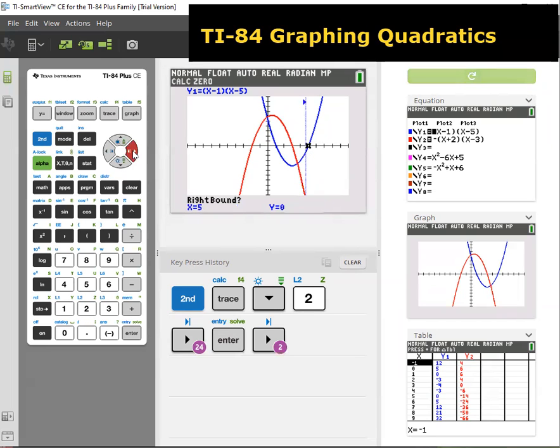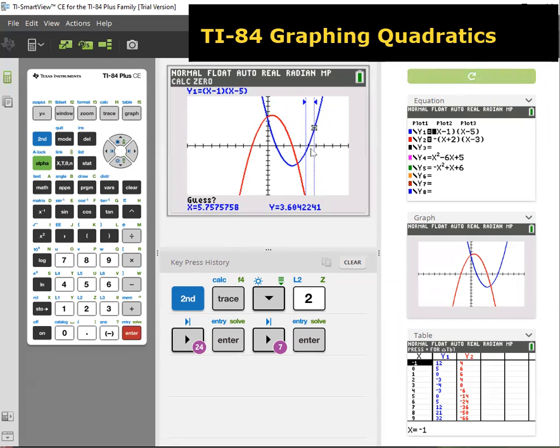Hit enter, it'll put up a marker. Make sure I'm in quadrant 1. Hit enter, because the 0 is trapped somewhere in between, where it went from negative to positive on the graph. Hit enter again, and it will tell you along the bottom of the window that there's a 0 at 5, 0.